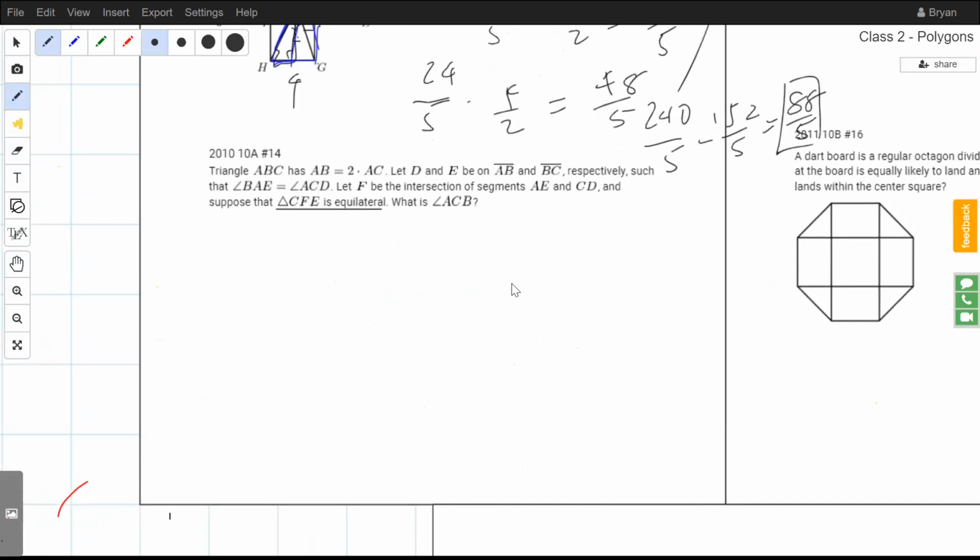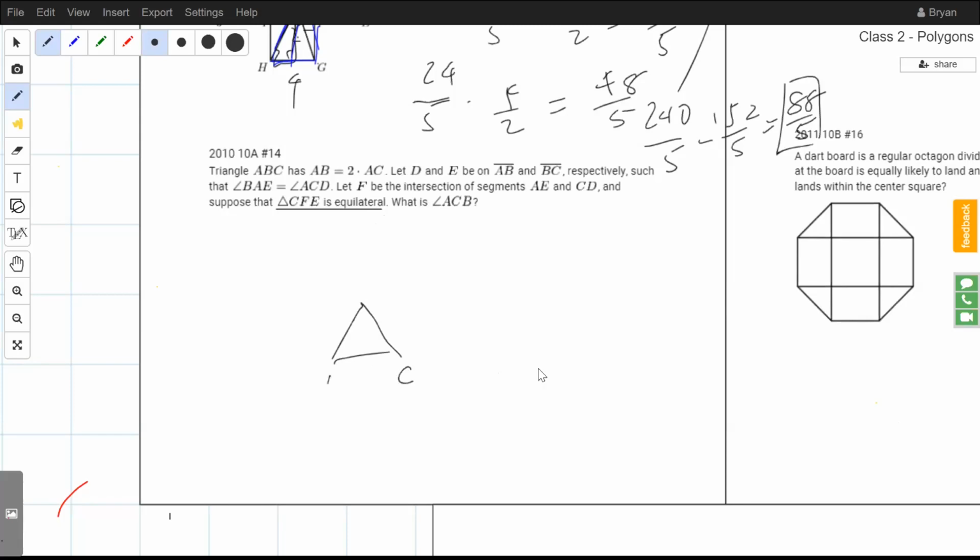So I'm going to draw the equilateral triangle first. And let's call this C, F, and E. We won't label them for now. So what do we know? D and E are on AB and BC, and F is the intersection of segments AE and CD.